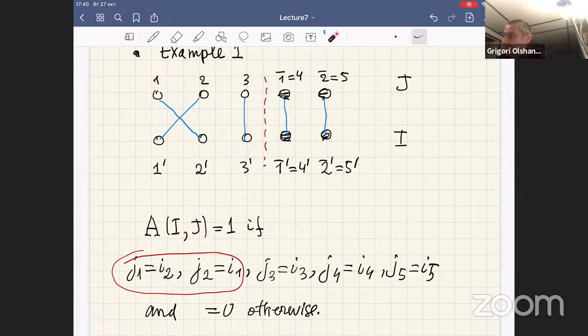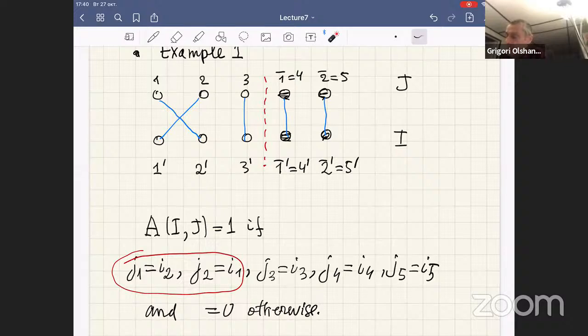It is convenient to slightly change the notation. So rename this 1 bar by 4 and 2 bar by 5 to get some uniform notation, and likewise here. So these are J's, these are I's.